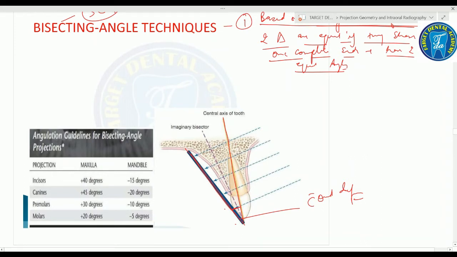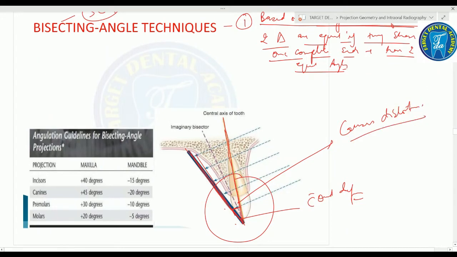When the film is placed as close as possible to the teeth, it is not parallel to the long axis of the tooth, and this arrangement causes distortion.